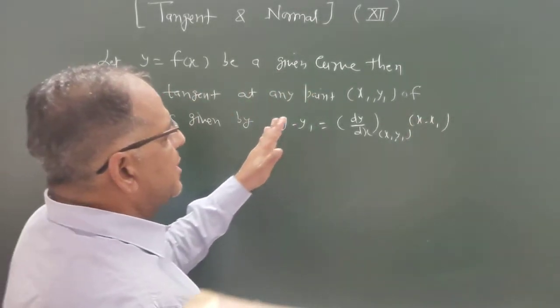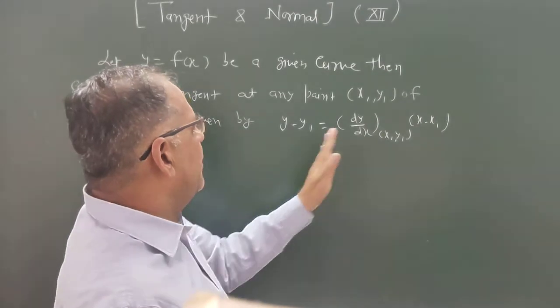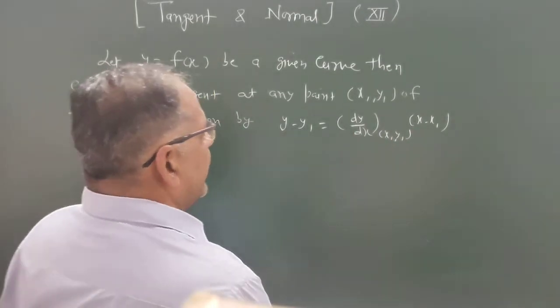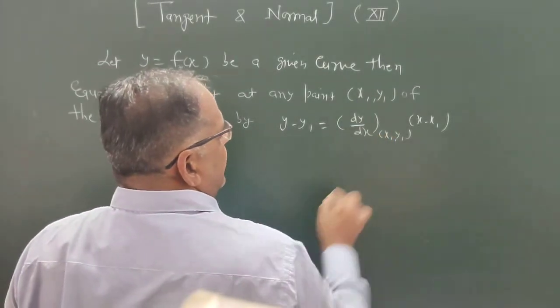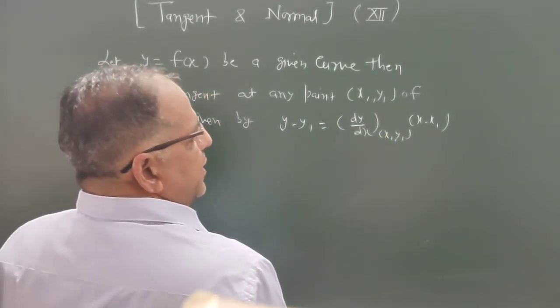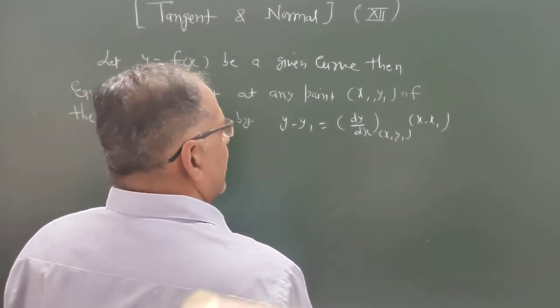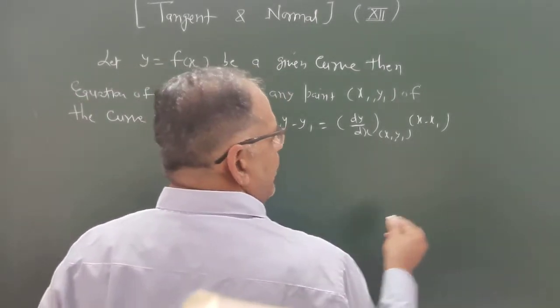This is just like the equation of a line in slope-point form, y minus y1 equal to m into (x minus x1). Here dy over dx at the point (x1, y1) represents the slope of the tangent at the point (x1, y1).